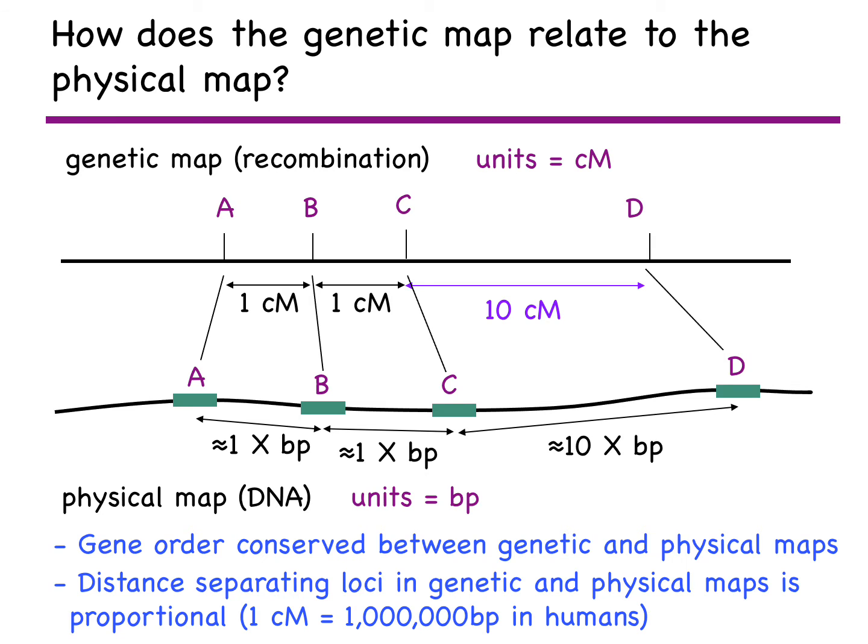But in yeast, one centimorgan corresponds to only about 3,500 base pairs. In fruit flies, the organism we've been using in a lot of our experiments here, one centimorgan corresponds to roughly 600,000 base pairs. So the proportionality is conserved in flies, humans, and yeast, but again, the number of base pairs that corresponds to a given recombinational unit varies tremendously in different organisms.